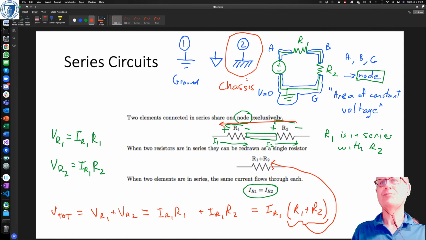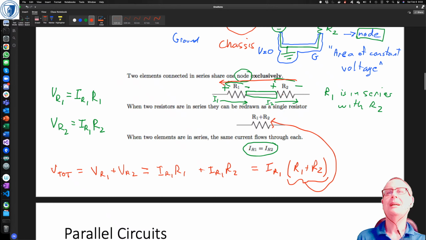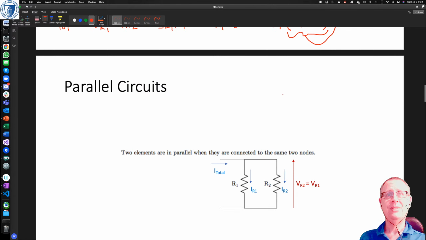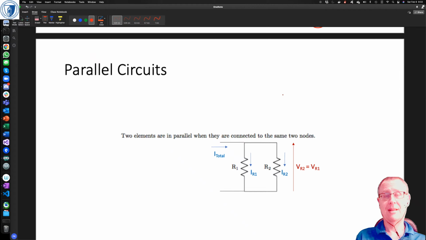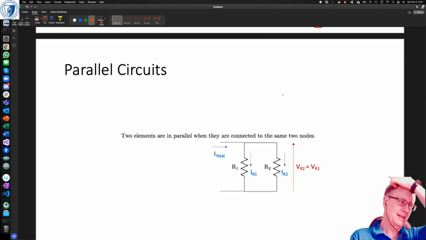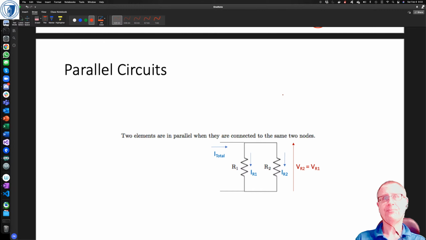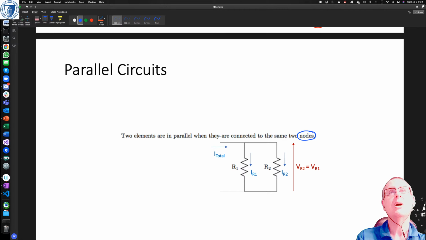So that's series circuits, and the next organization is parallel circuits. And again, this is why I needed to define the word node, right? Two elements are in parallel when they are connected to the same 2 nodes.